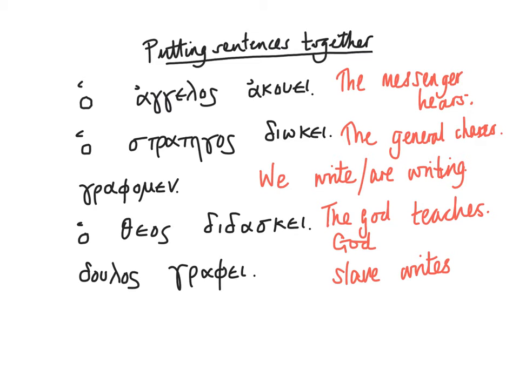Now, slave writes isn't good English, but I can't say the slave writes because the Greek hasn't used the word the, so we can't put the in English. If there is no definite article, then you can put, and you should put, a in English, a or an. So no definite article before a noun, and your job is to write a or an.